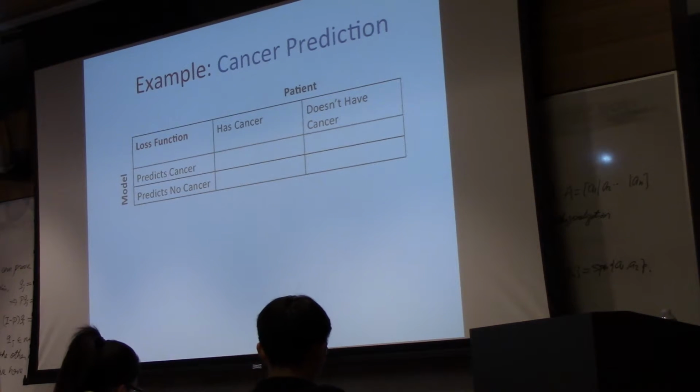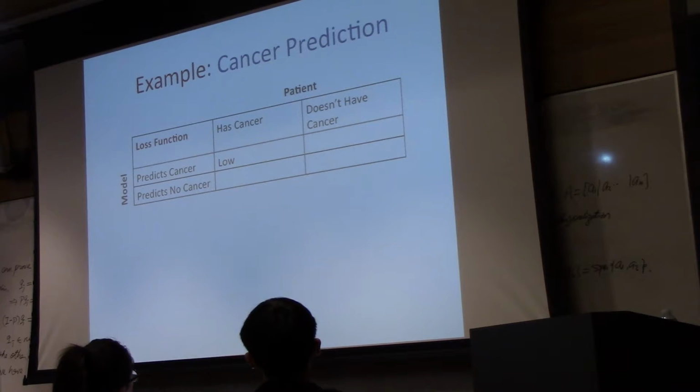So let's look at an example of cancer prediction, right? We have this table of possibilities. Suppose our model predicts that the patient has cancer, and the patient in reality has cancer. Loss should be low, because we got the prediction correct. Suppose our model predicts that the patient has cancer, and the patient doesn't actually have cancer.